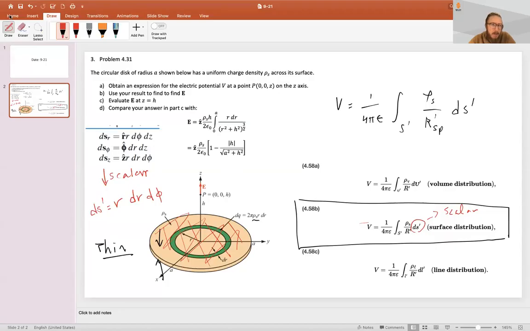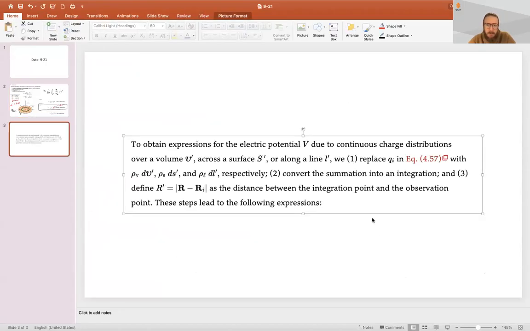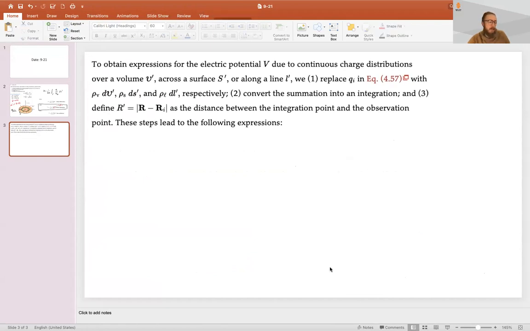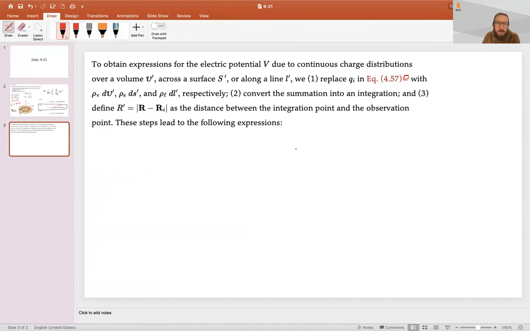This is similar to what we've done with the electric field, where the integration point is the source, the charge source, and the observation point is the point that you're interested in.